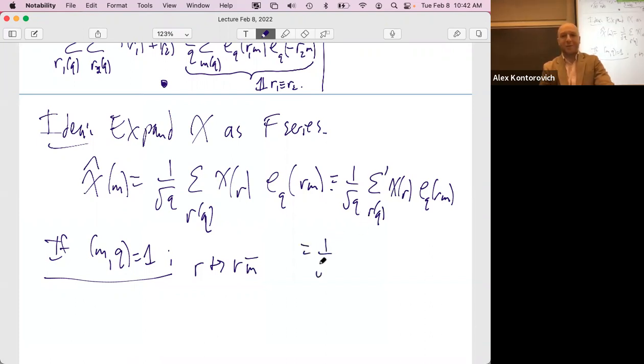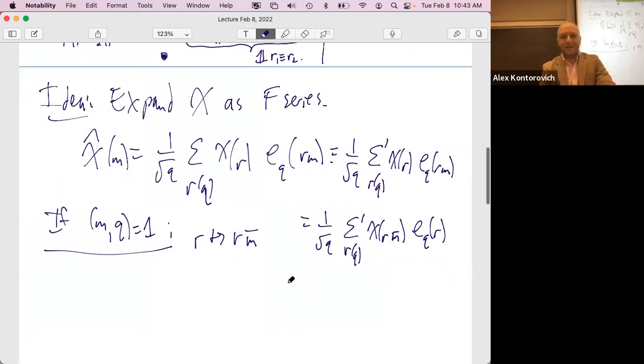So this is equal to 1/√q, a sum over r mod q, since this range is over the full group, of chi of r m bar, which is going to split in a second, e to the 2 pi i r over q, because there's m bar times n. Look at what this is.